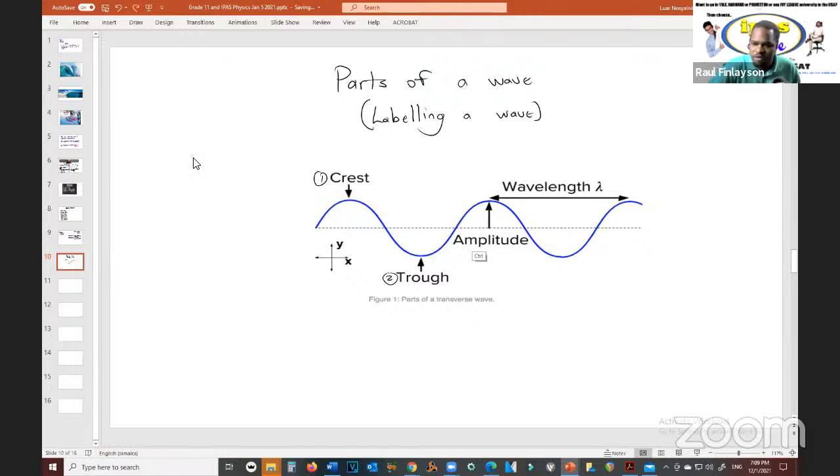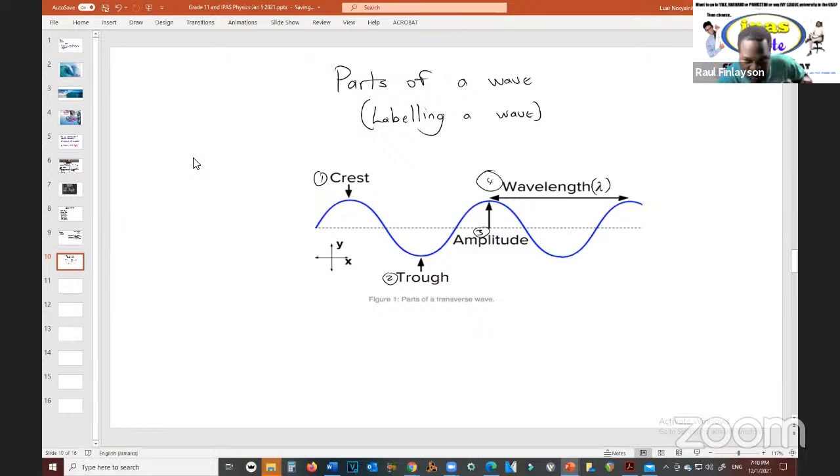Again, we already defined amplitude, but now we know where on a wave it would be found. And now we are introduced to this term called wavelength. So wavelength is another important and interesting concept when it comes to waves. So this would be our fourth thing to label.